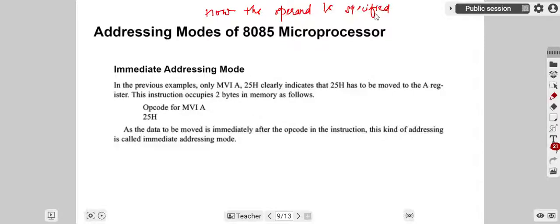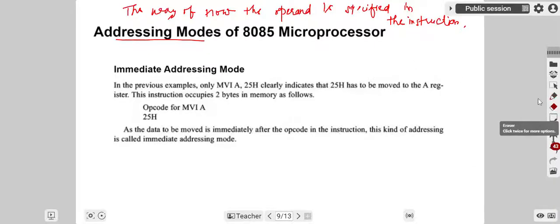How the operand is specified in the instruction, the way of specifying the operand in the instruction is called the addressing mode.